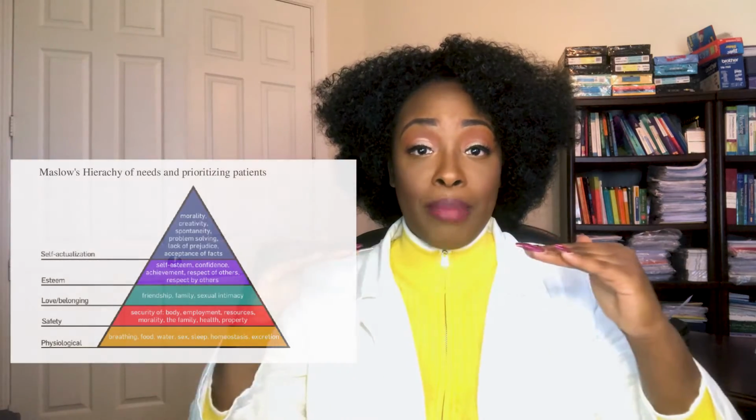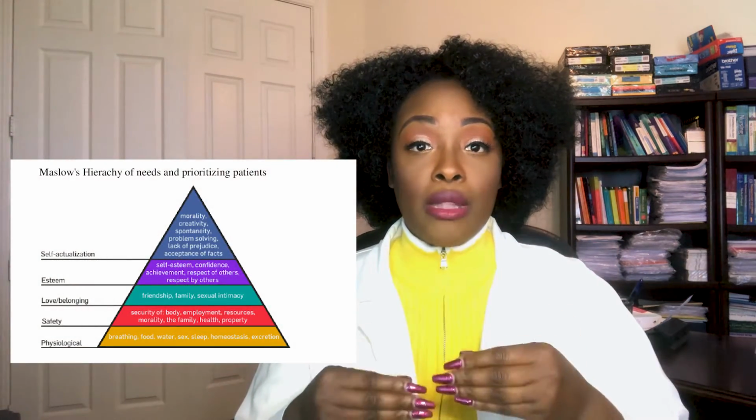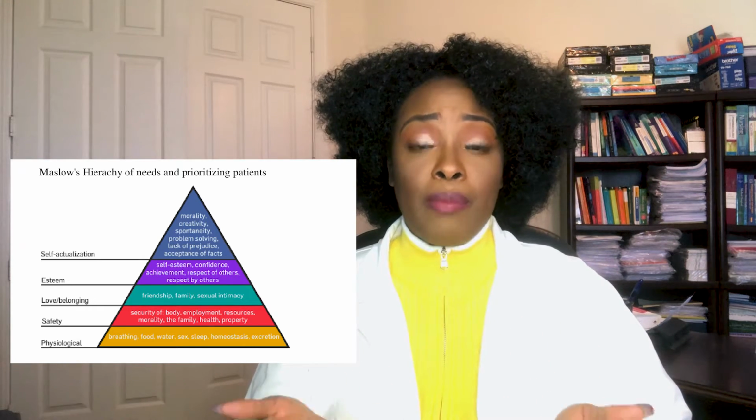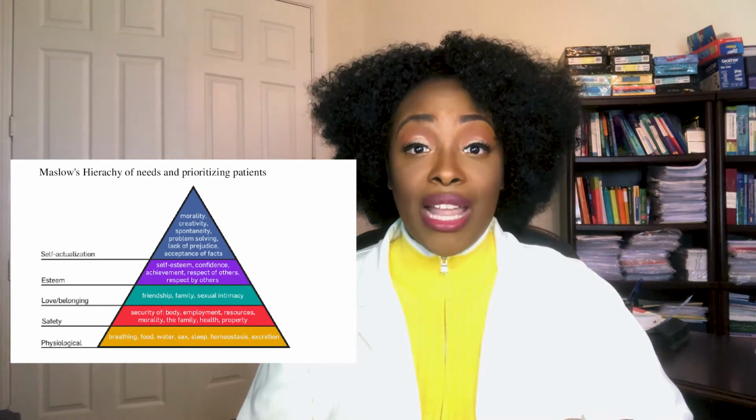The first thing I want to discuss with you is Maslow's hierarchy of needs. You learned this first semester of nursing school, okay? What's most important is what's on the bottom of that pyramid, and that's called physiologic integrity. Basically, that's what's keeping that patient alive.